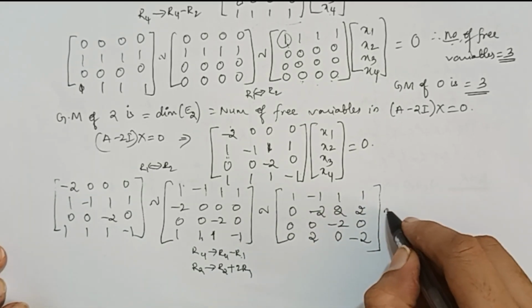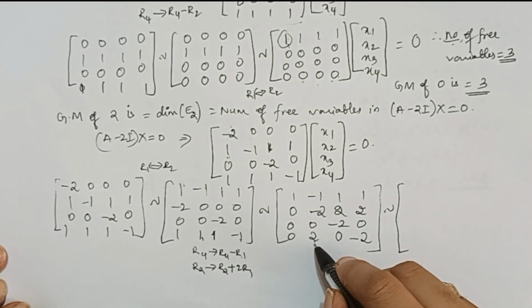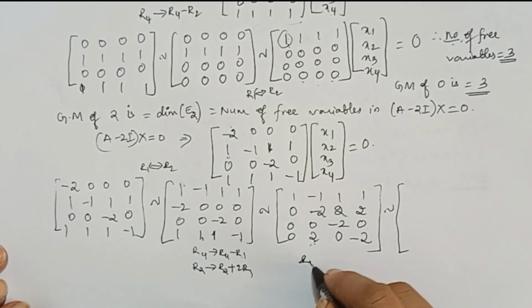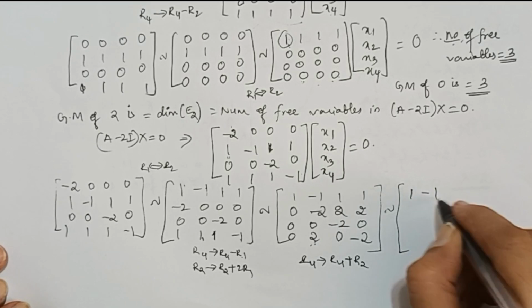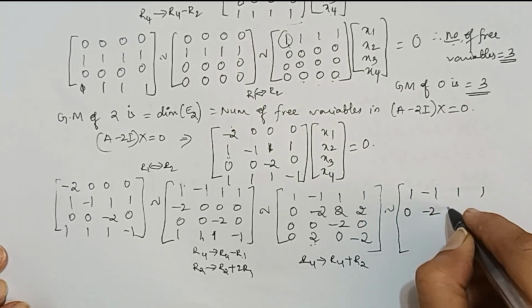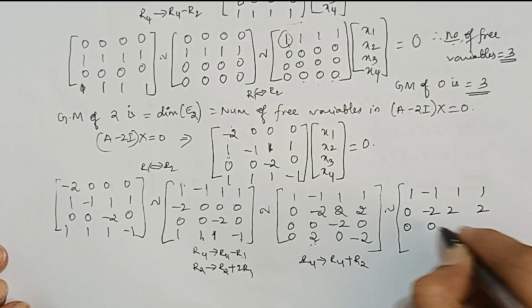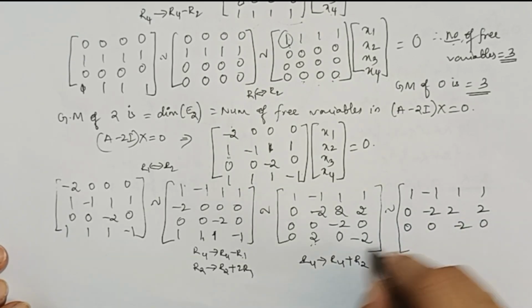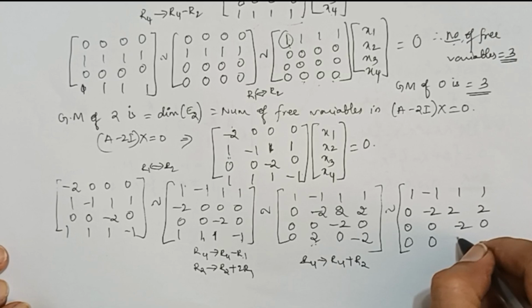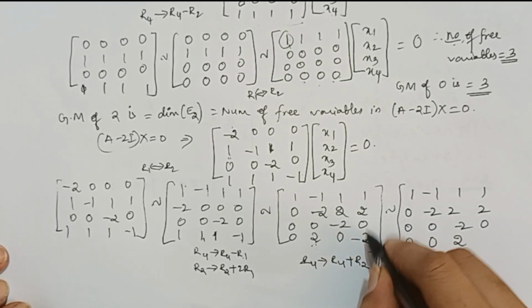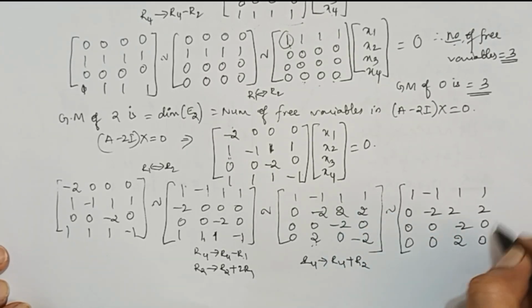Now again, to make these entries 0, that is R4 changes to R4 plus R2: 1 minus 1, 1, 1, 0 minus 2, 2, 2, 0, 0 minus 2, 0, then 0, 2 minus 2, 0, 0 plus 2, 2, then minus 2 plus 2, again it is 0.